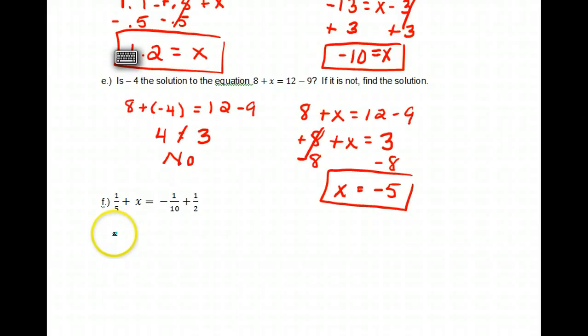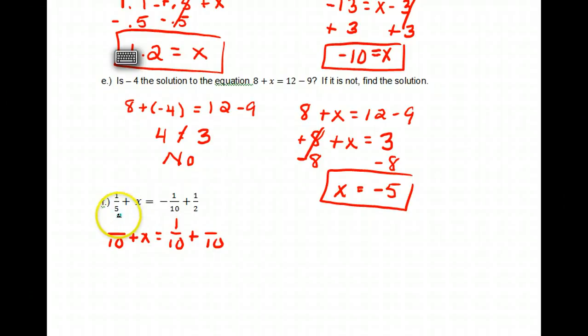The first thing that I did in this problem is, since I know that I am solving for x and everything that I have to do in this problem involves addition and subtraction, I converted every fraction to a common denominator. Since I have a 5, a 10, and a 2, I am going to convert everything to a denominator of 10.